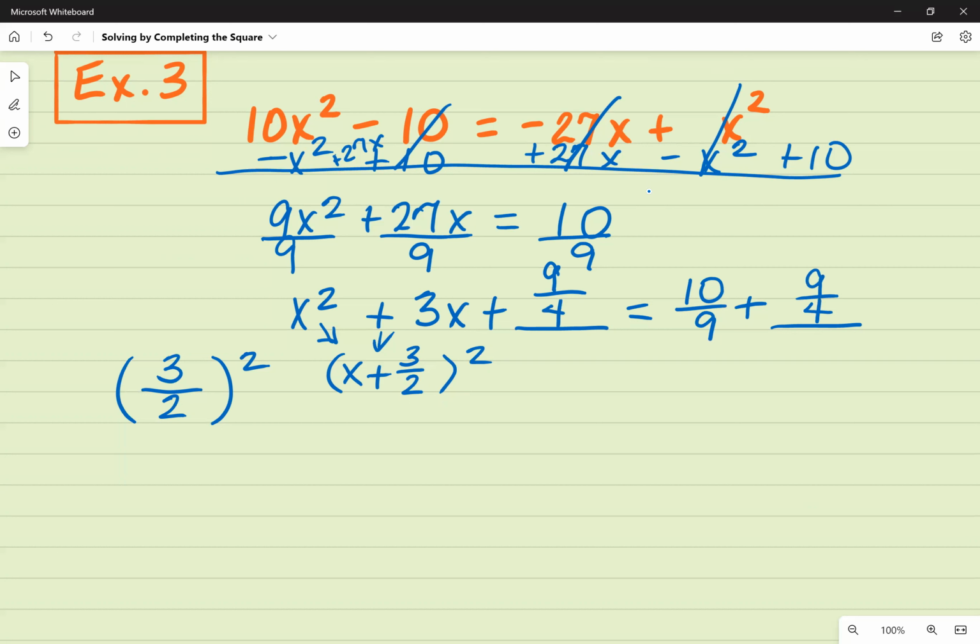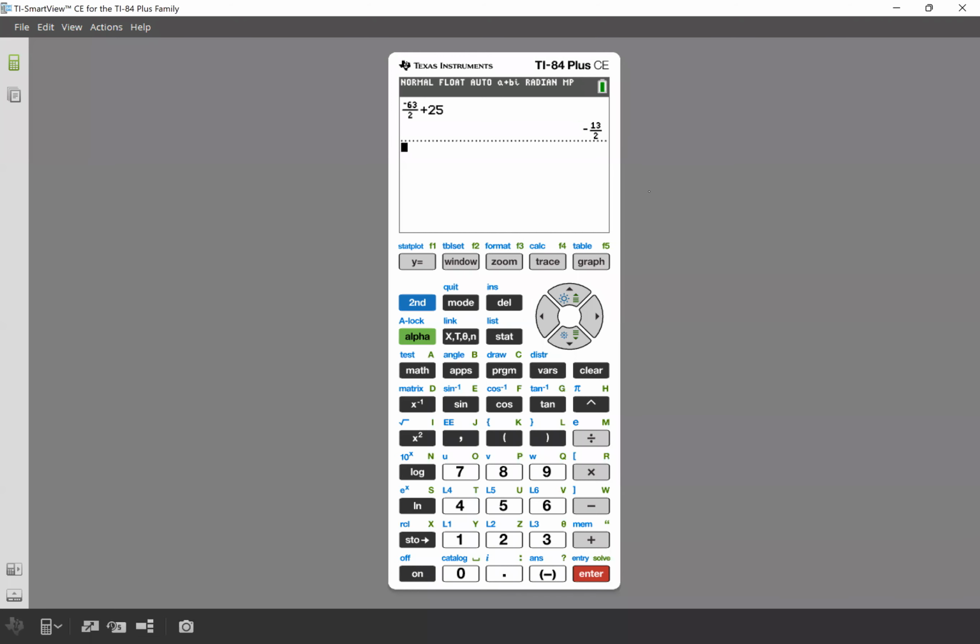All right. So now the left-hand side is done, and I just need to simplify my fraction. So I'm going to go back to my calculator, and I'm going to type in alpha y equals, enter, and I'm going to enter in 10 over 9, arrow over, plus, and do the alpha and get my fraction again.